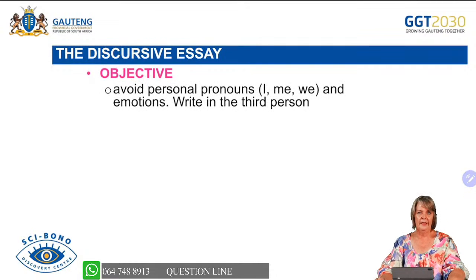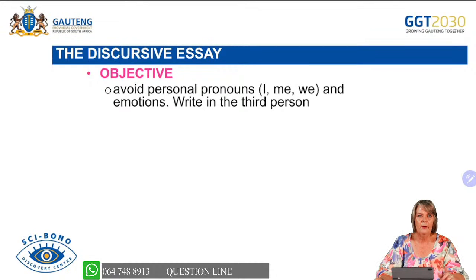The last one is the discursive essay. The objective here is to avoid personal pronouns, like the ones you would use in an argumentative essay: I, me, and we. You would also avoid emotions.